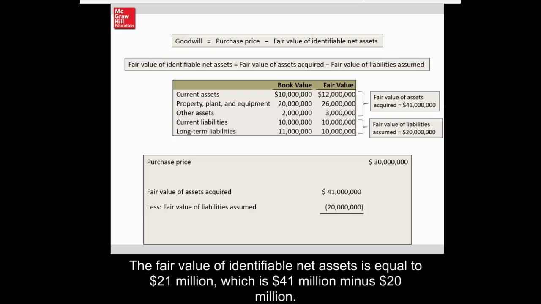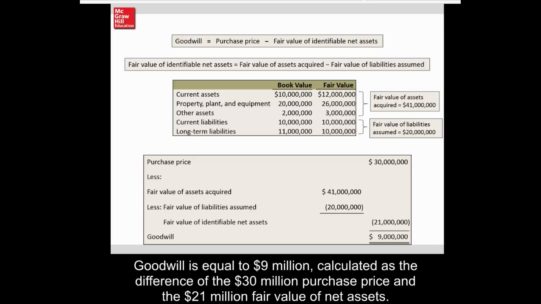The fair value of identifiable net assets is equal to $21 million, which is $41 million minus $20 million. Goodwill is equal to $9 million, calculated as the difference of the $30 million purchase price and the $21 million fair value of net assets.